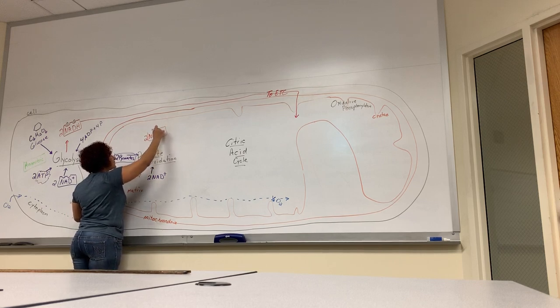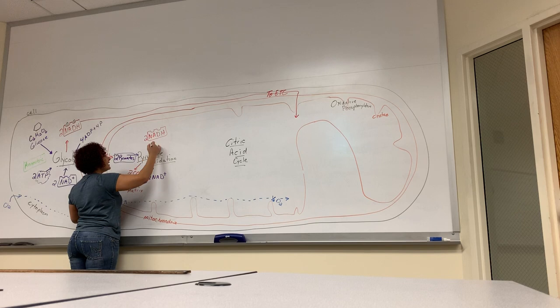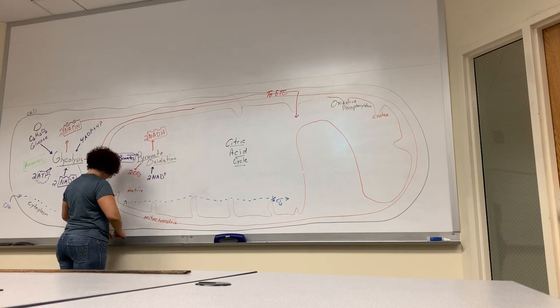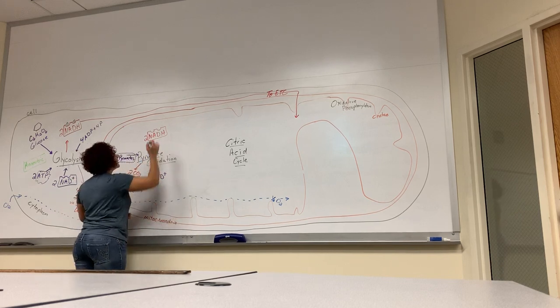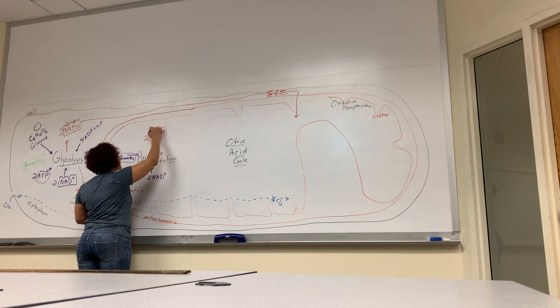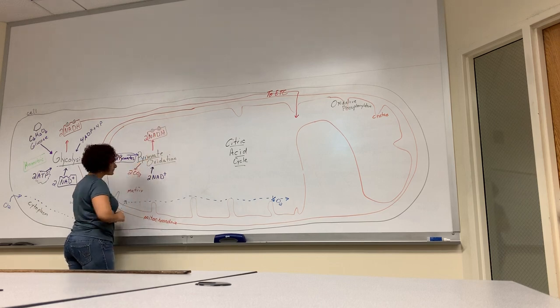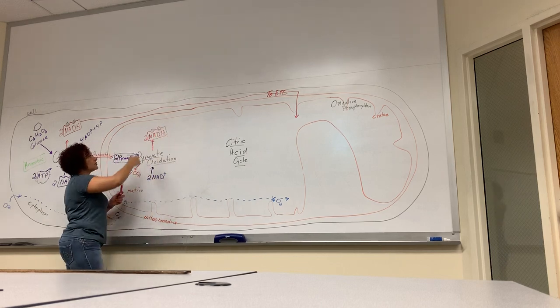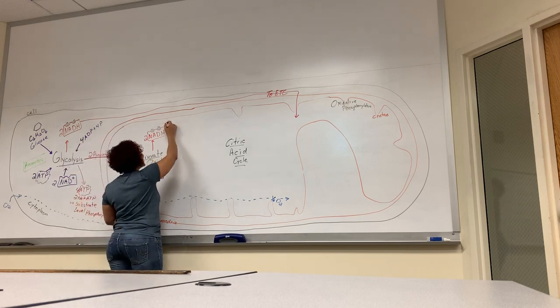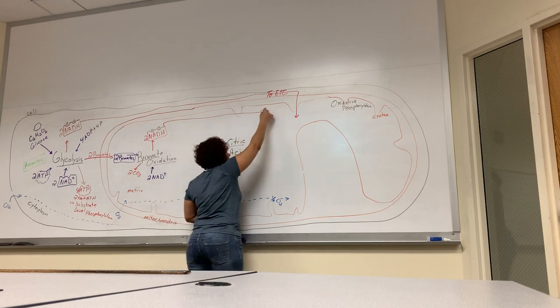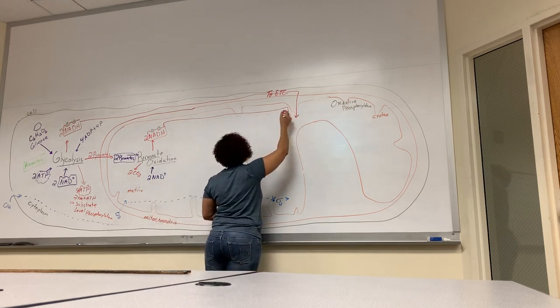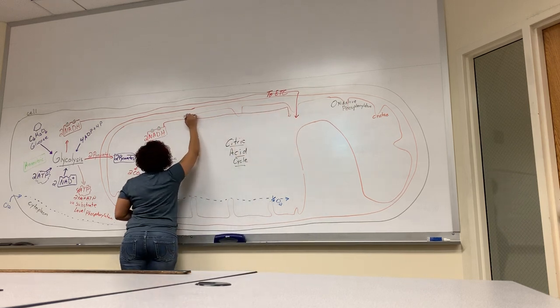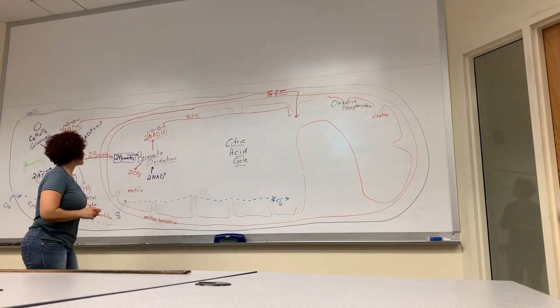You can see those 2 NADHs are carrying high energized electrons. And those 2 NADHs are going to do the same thing. They are going to go to the electron transport chain, where they are going to drop off their highly energized electrons. 2 ETC, electron transport chain.